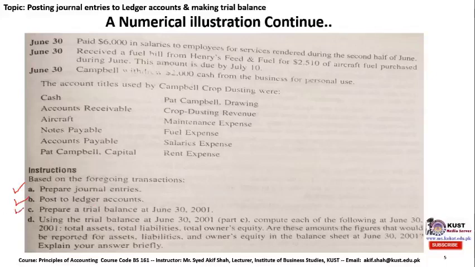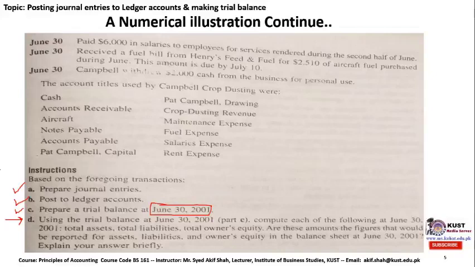Part C is asking us to prepare a trial balance at June 30th, 2001. And the final instruction I will discuss at the end of the completion of part C. So for now, we can leave the discussion related to part D.